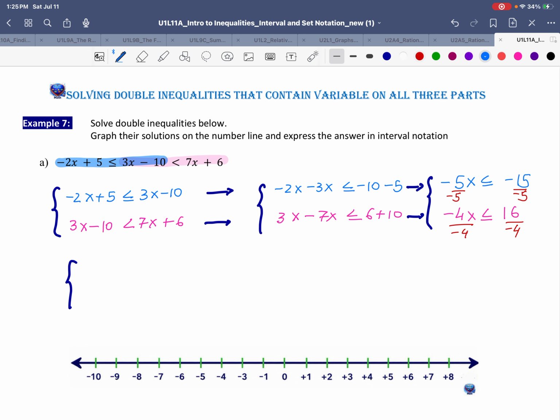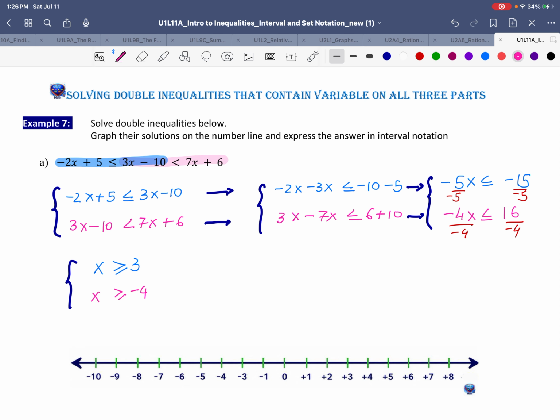So the first inequality will be x greater than or equal to 3, since negative 15 over negative 5 is 3. And the next one will be x greater than or equal to, remember the inequality direction will change, 16 over negative 4 is negative 4.